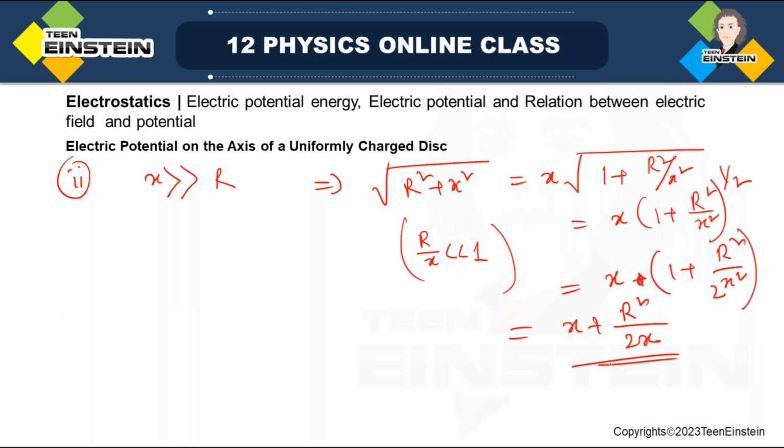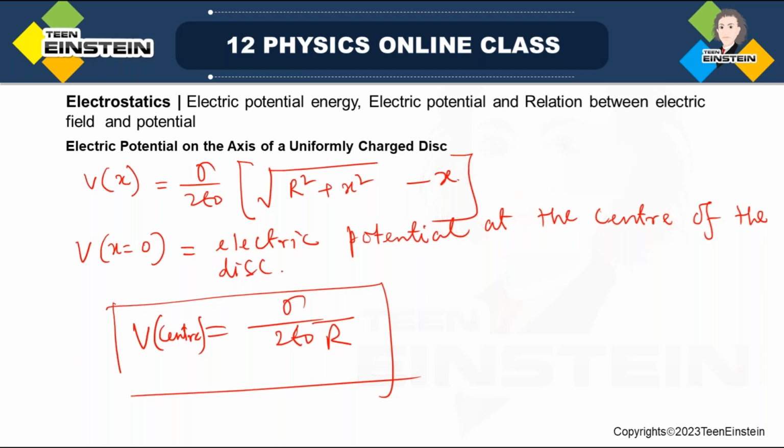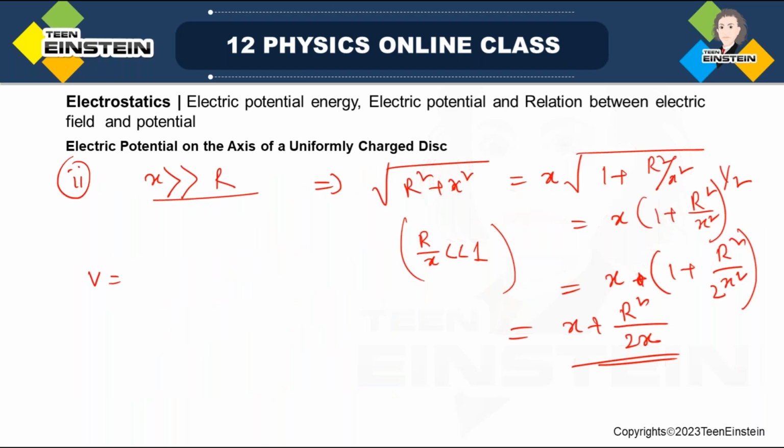So this will be the value, and hence the electric potential in this particular condition, V, will be sigma by 2 epsilon 0 times this, and further minus x was there.